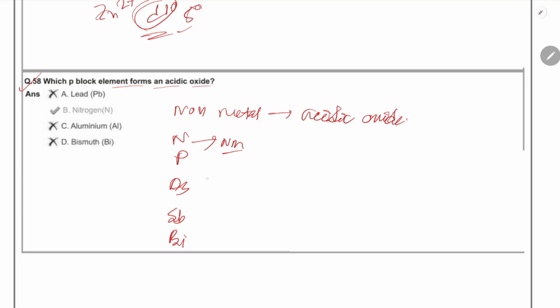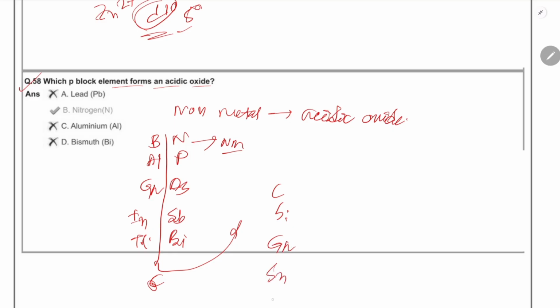Aluminium and the boron family, then the carbon family in between them. Carbon, sorry, writing there. Pb. So this Pb is a metal. Bismuth.